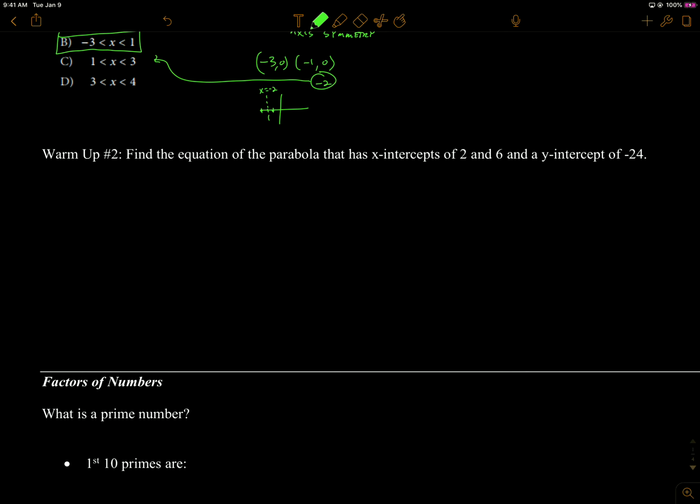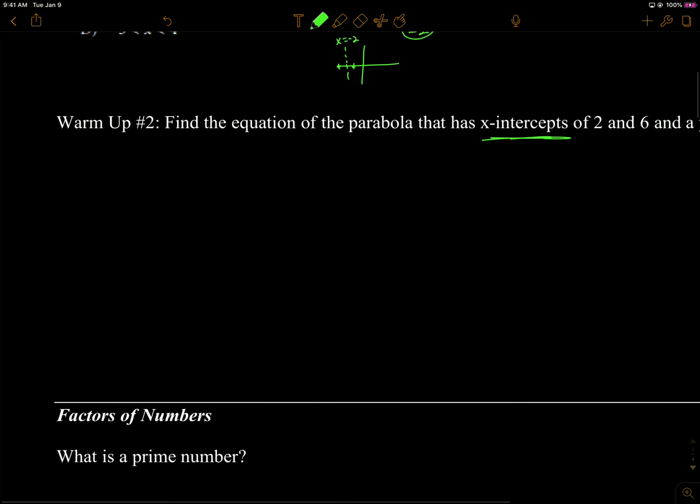All right. Warm-up number 2, find the equation of the parabola that has x-intercepts of 2 and 6 and a y-intercept of -24. So if we have x-intercepts, I'm going to use factored form. All right, that's our factored form.